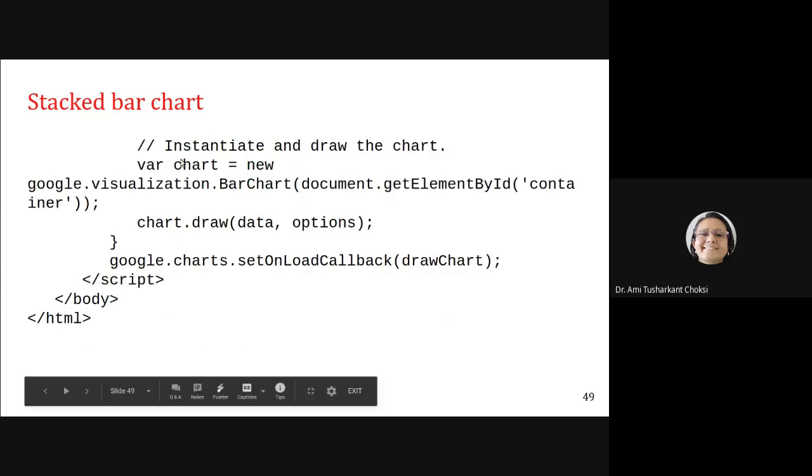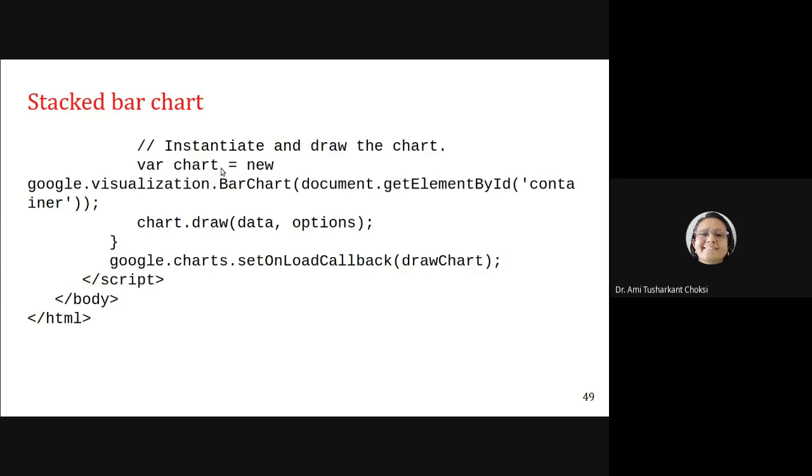So for that, we have variable chart equal to new google.visualization.BarChart, document.getElementById container, chart.draw data comma options. Fine. Data comma options.